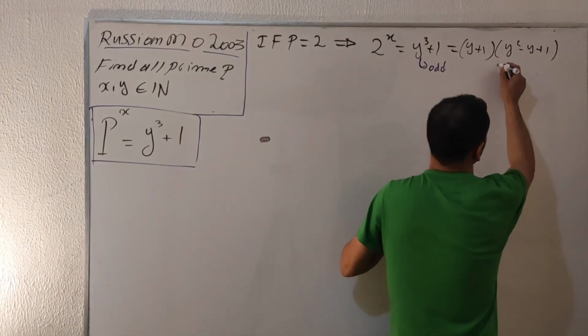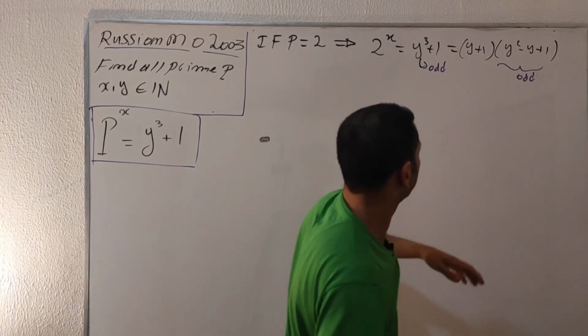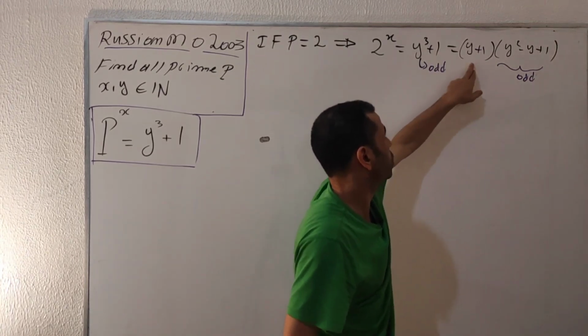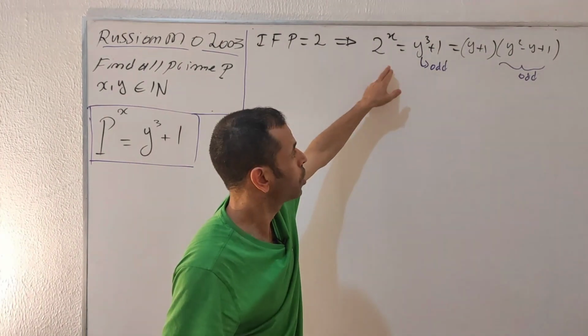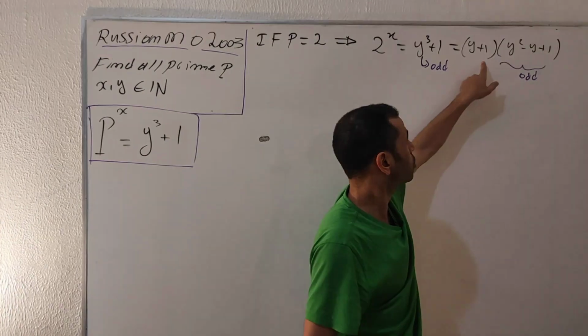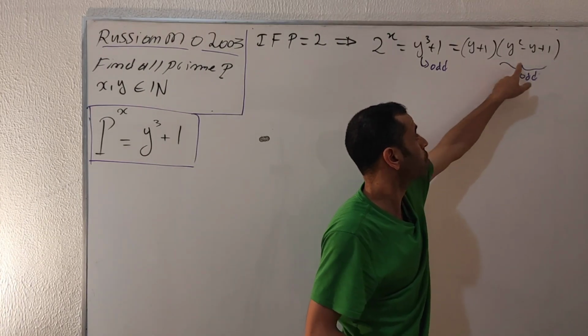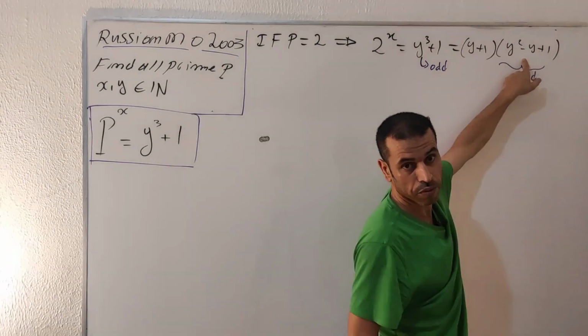So this whole term is odd, and this one is even. But the left hand side is a power of 2, which means this product must be a power of 2 as well. So y plus number 1 is a power of 2, but this other factor is impossible to be a power of 2 because it's odd.